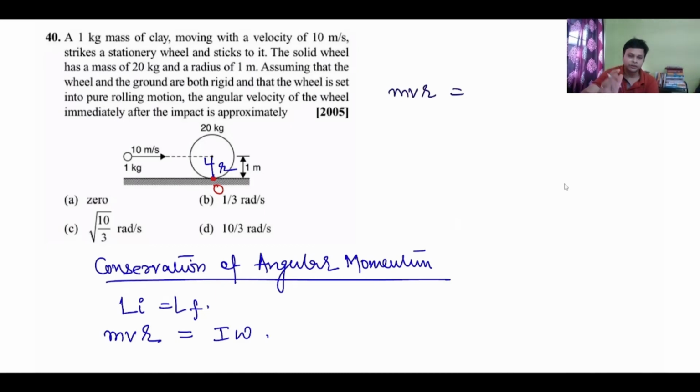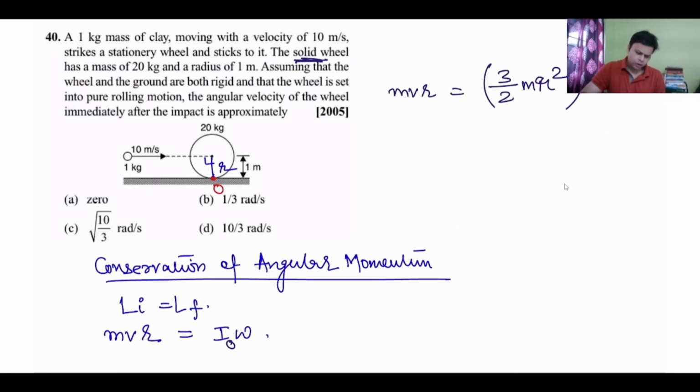Let me see if I consider it as a disc, I get the answer. The moment of inertia of the disc is 3 by 2 mr square, because it is given as solid. If the answer doesn't match the options, then I'll consider it as a ring and try again.